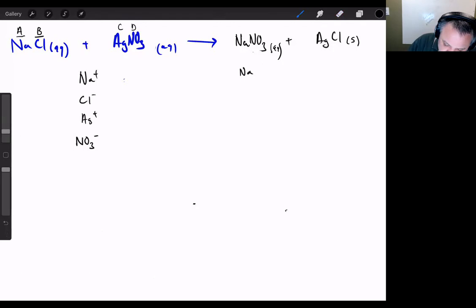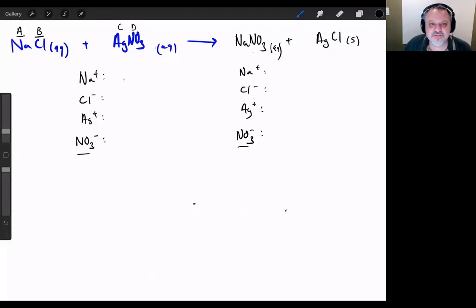If you want to use a list, eventually you need to get away from using lists. It's easier if you just write down nitrate as a polyatomic ion, rather than breaking it up into a nitrogen and 3 oxygens, because it doesn't change formulas. You can just balance it as a unit.